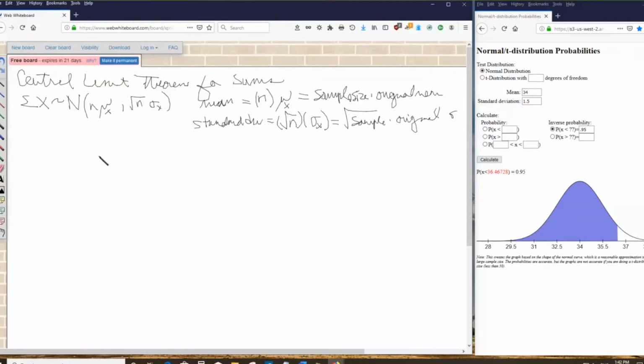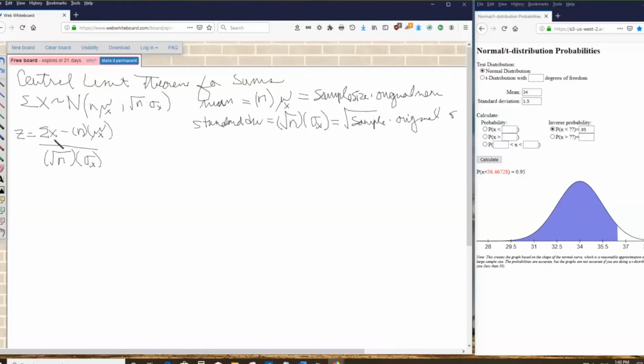And then your z-score, or the number of standard deviations, is going to equal the summation of x, your sum of the x's, minus your mean, which is n times the original mean, all divided by the standard deviation, which is the square root of n times the original standard deviation.